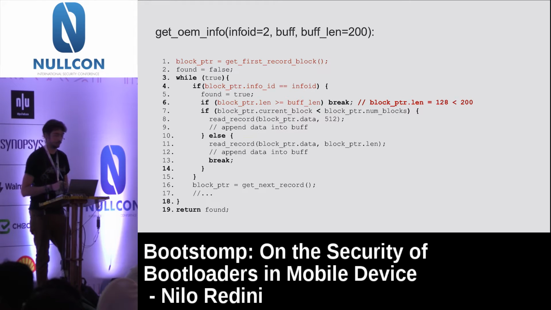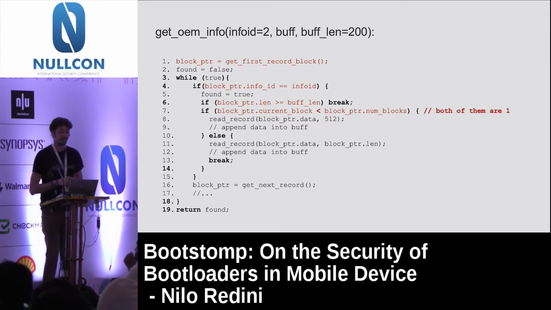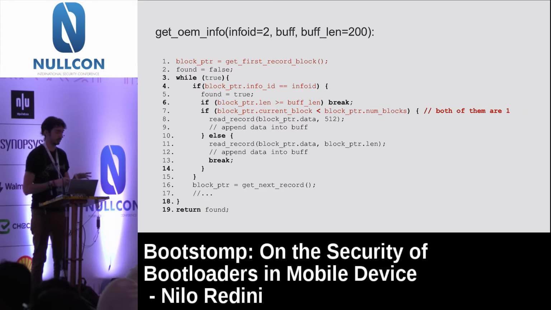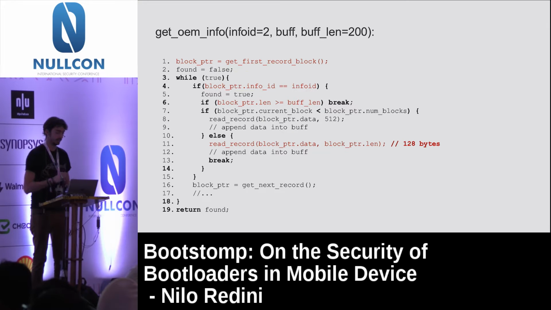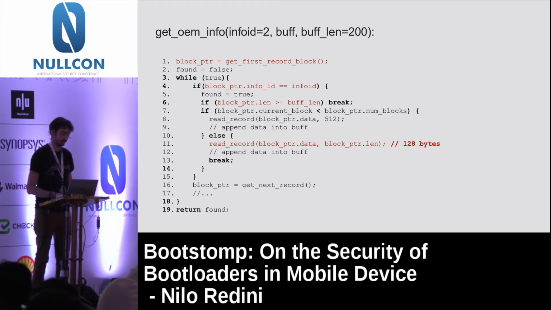If it is, the algorithm will stop. Otherwise, it will check if the current block number is less than the number of blocks composing the record. In this case, it is not. Therefore, the else branch is going to be hit. And in this case, the procedure will read len bytes from the block, and it will store them in the provided buffer.